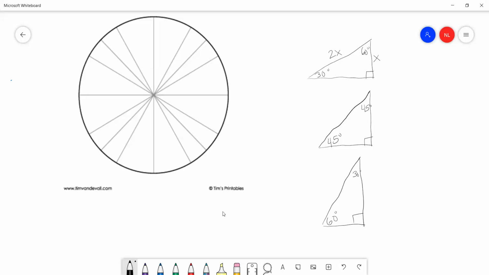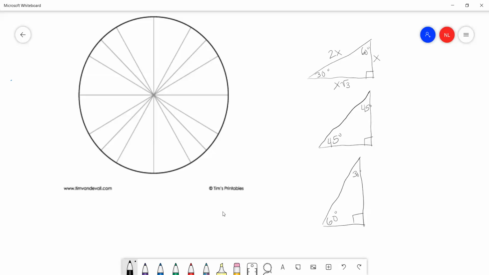The long side will always be equal to the value of the short side times rad 3. We can prove this in another video, but for now, the expectation is that you have a basic understanding of why, and that this will always be the case in a 30, 60, 90 triangle.